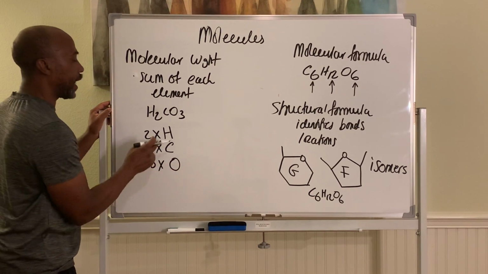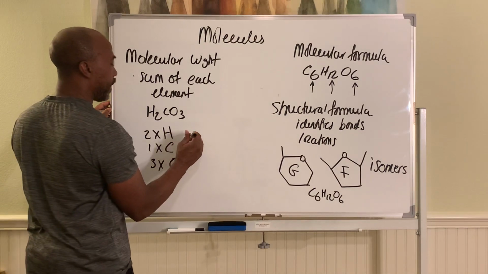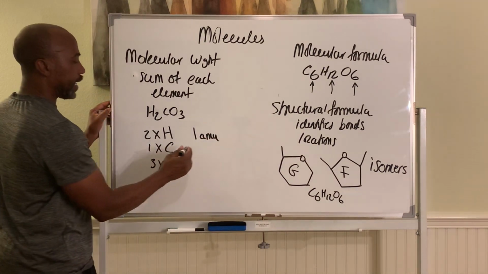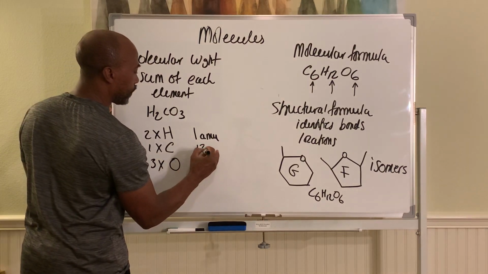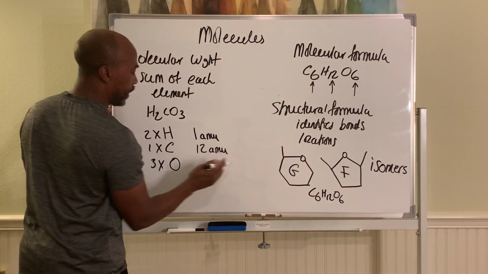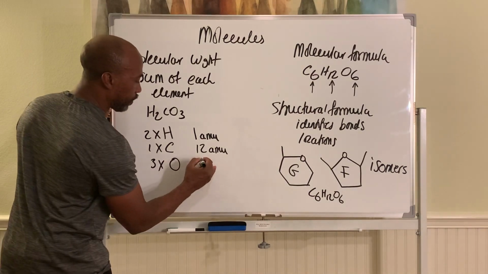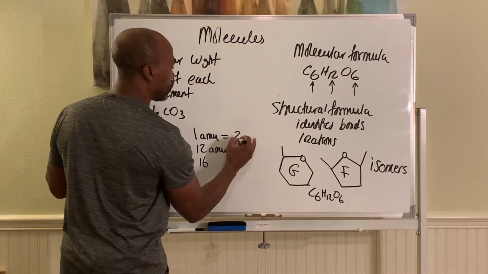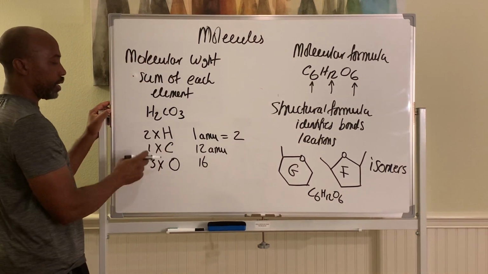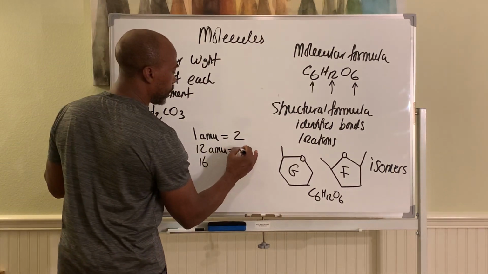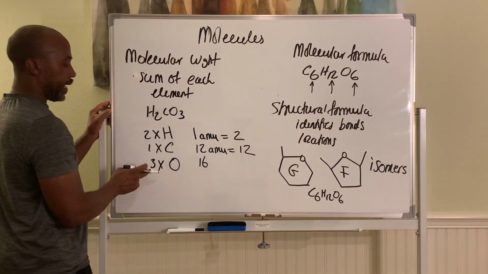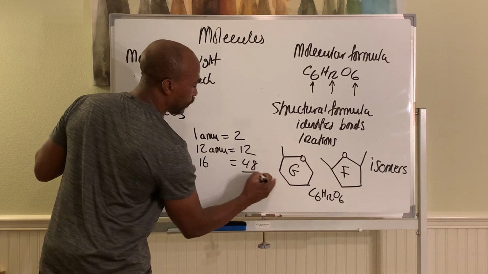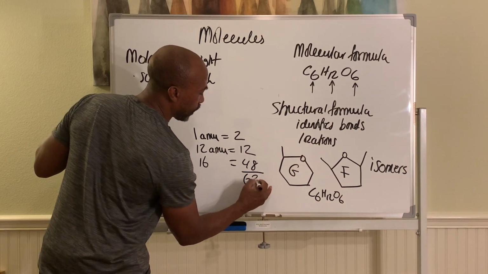So we know that hydrogen has a mass of 1 AMU. Carbon has a mass of 12 AMU. And oxygen has a mass of 16 AMU. So 2 times 1 will give you 2 for H's contribution. Carbon will contribute 12, and oxygen will contribute 48 to give you a total of 62 AMU.